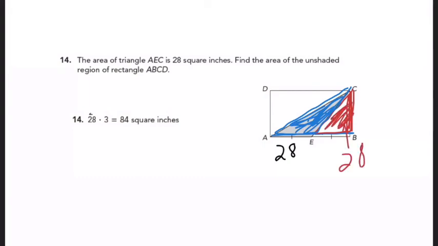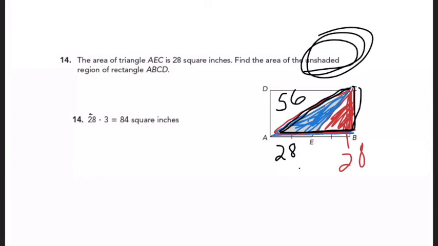Now, what I do know, it's a rectangle, and this area right here, and let me put it in black, is going to be half of the entire rectangle. If this is half of the rectangle, 28 and 28 is 56, that means this half is 56. Now we want to know the unshaded. So it's 56 plus, this is unshaded here, 28. 56 and 28 is going to be 84 square inches.